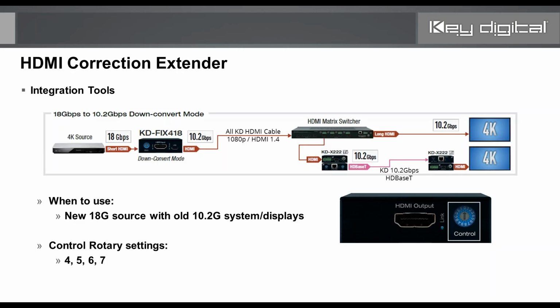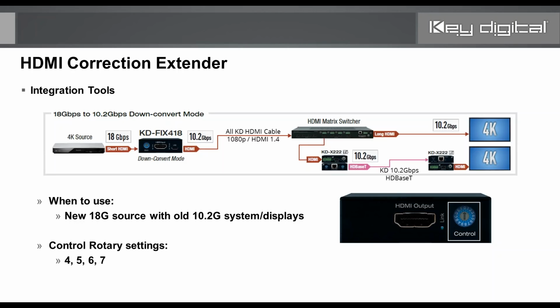It'll actually use color sampling, the 444 color sampling, and it will down convert that color sampling from 444 to a lower sampling, so that that signal is compatible through the infrastructure, but also compatible with a 10.2 gigabit per second display. So you can view that 4K content on that display.